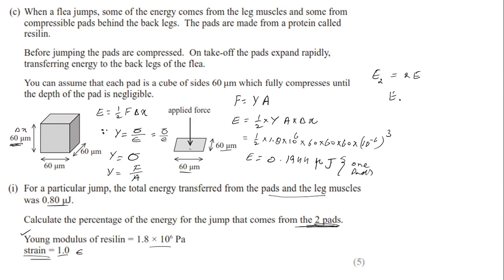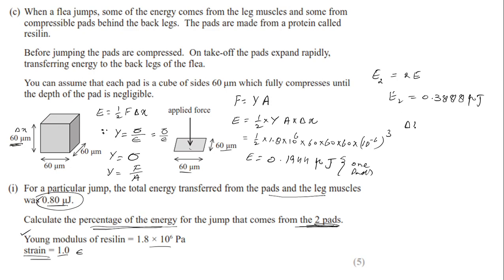These are just symbols, you can use your own symbols. So total energy for two pads is 0.3888 microjoule. Now you need to find the percentage of energy. So the total energy provided is 0.8 microjoule.